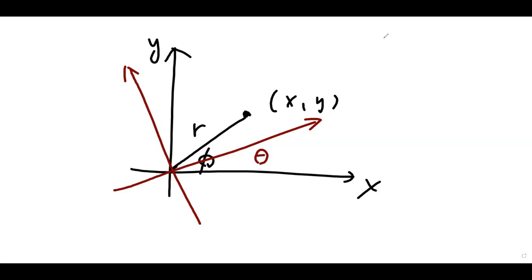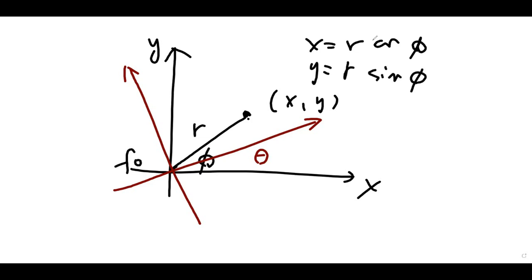Your frame 0, the black one, makes an angle of phi. So this coordinate x would be R cosine phi, and y would be R sine phi.